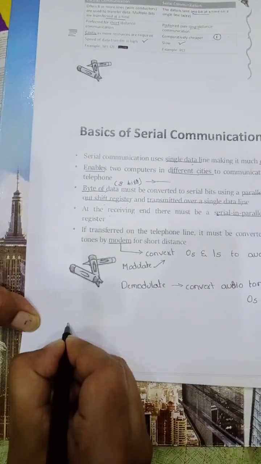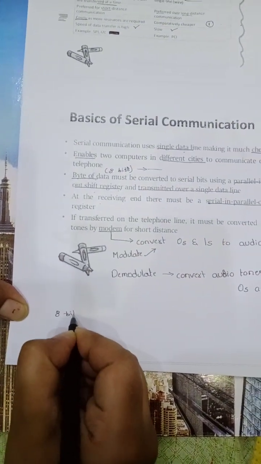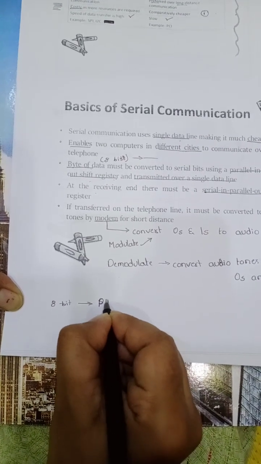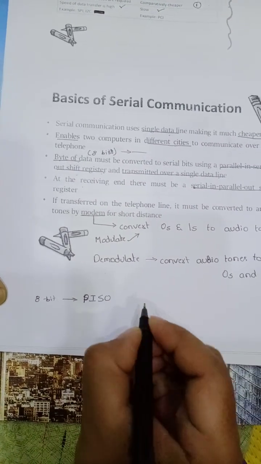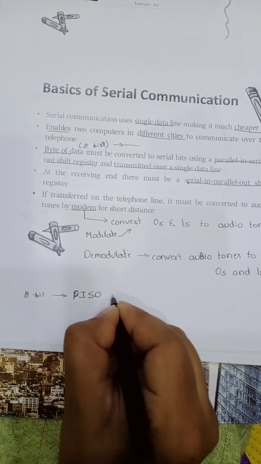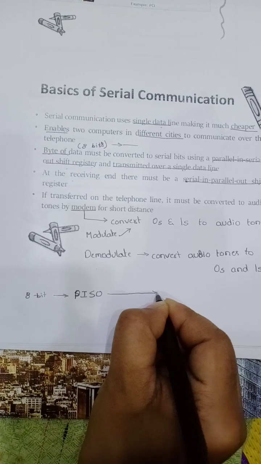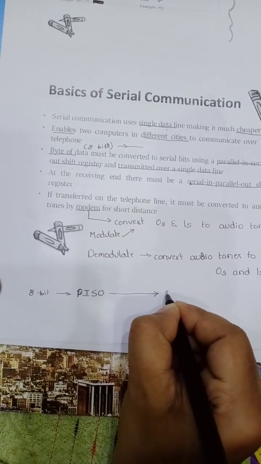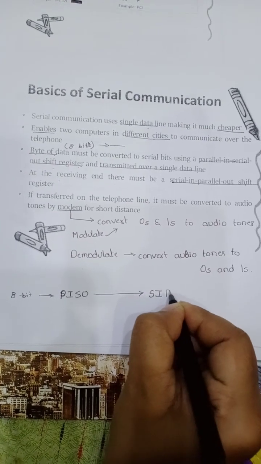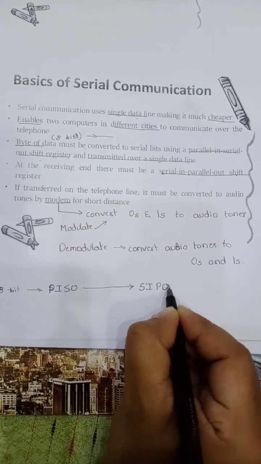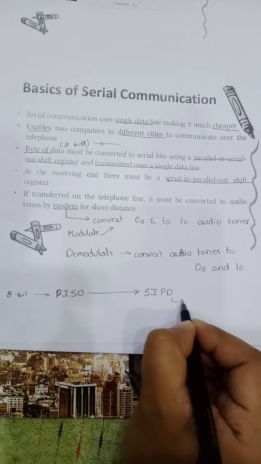Means we have 8-bit data here which will be given to the parallel-in serial-out shift register. The parallel data is converted into serial, and this is transmitted over a single data line. At the receiving end, we will be using a serial-in parallel-out shift register. The data will be taken in serially, converted into parallel, and then it can be used at the receiving end.